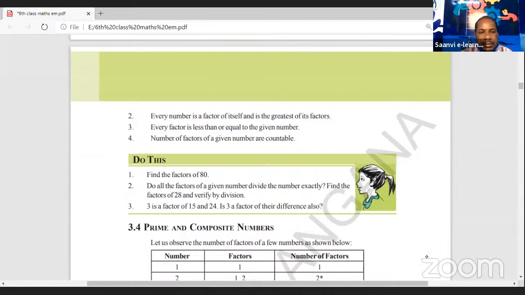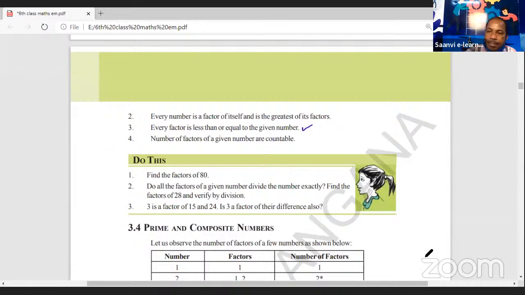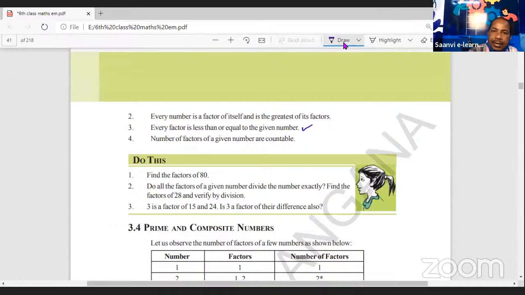Okay, and see the third point: every factor is less than or equal to the given number. See, if we observe every factor, it is less than or equal to the given number.